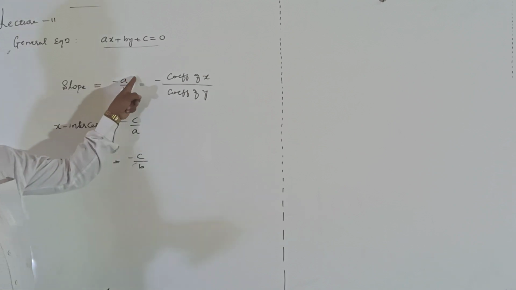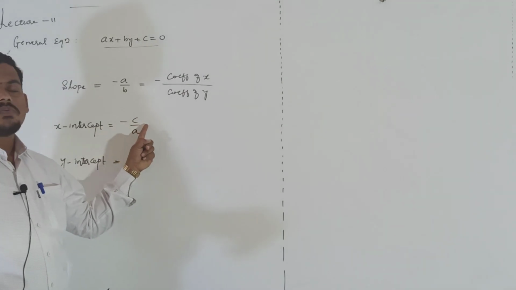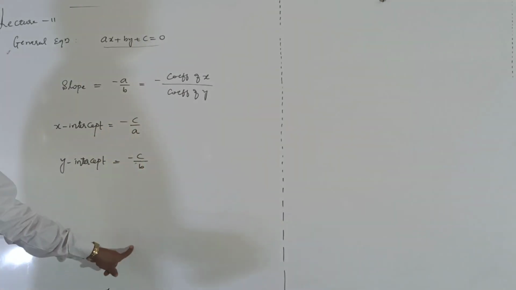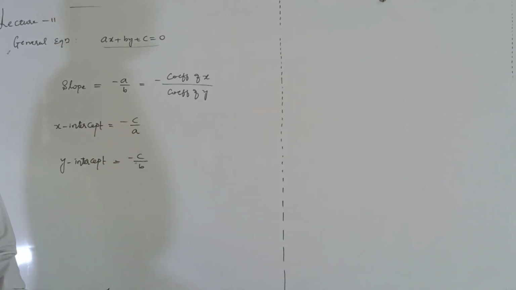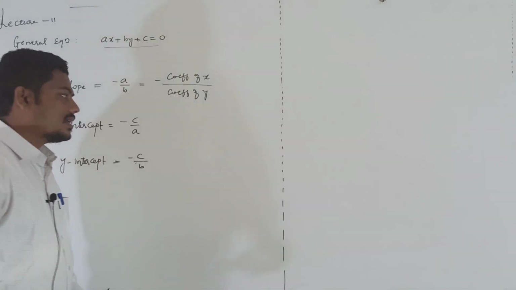Slope is equal to minus a by b, x intercept is equal to minus c by a, y intercept is equal to minus c by b. How is the x intercept minus c by a and how is the y intercept minus c by b?